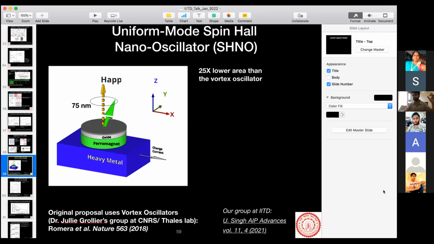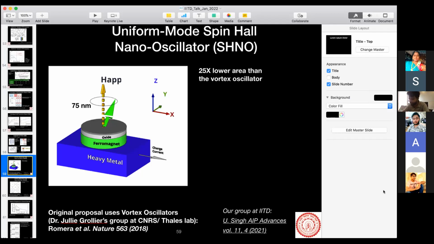So if the input is AC of a particular frequency, the output is also of that frequency or some multiple of it, and it's a response to that input, right? But in the case of an oscillator, what happens? We just give a DC trigger signal, and it extracts power from the input signal. So it can be DC, and it gives an oscillation.